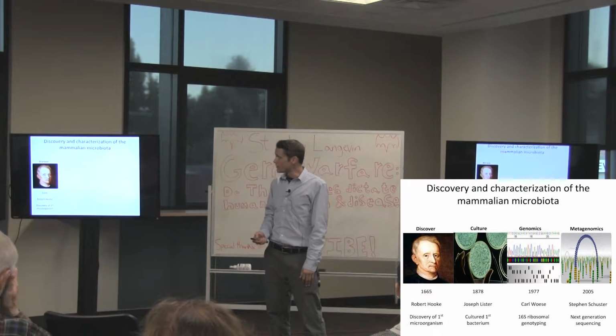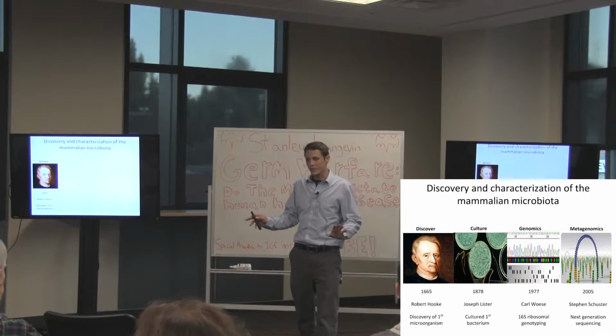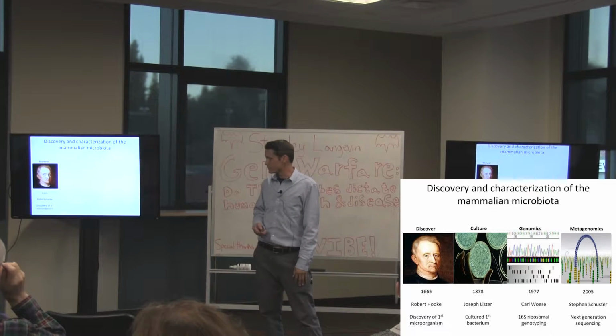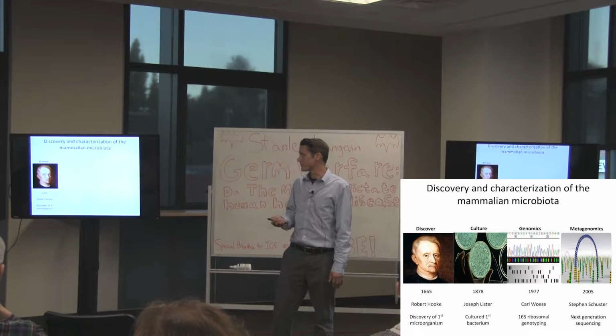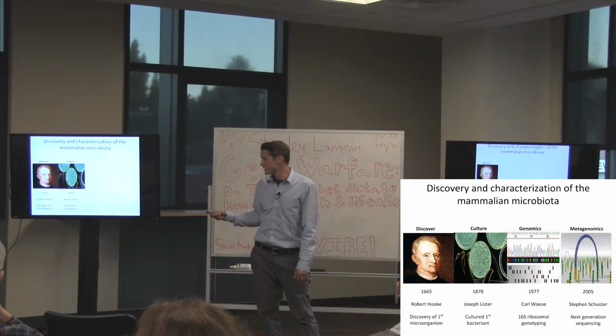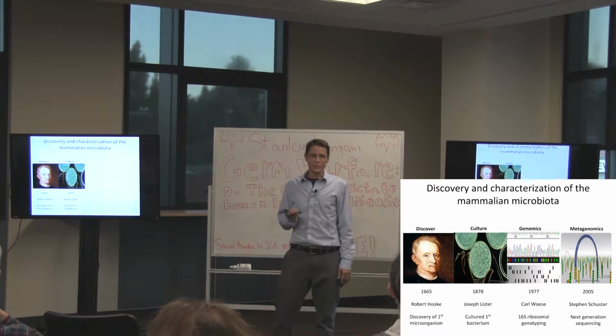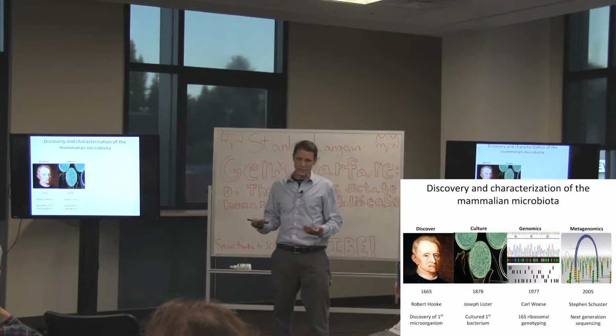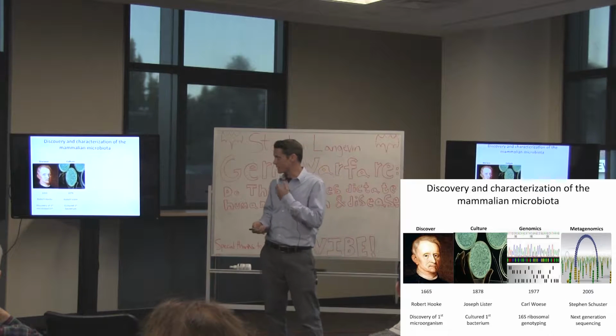I'll go through how this all came about, to get everyone on the same page. The first pathogens were described and discovered in the 1600s, and by the early 1900s we started to be able to culture them, which was a big jump because we could now characterize bacteria we couldn't see before.